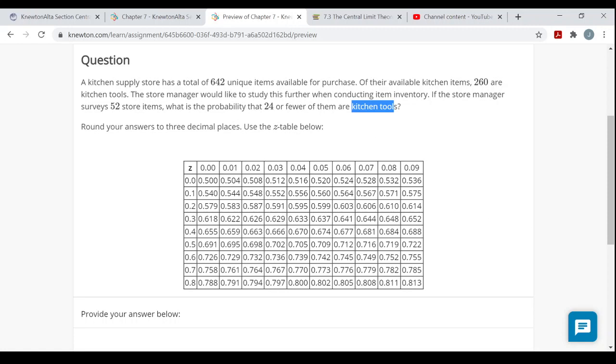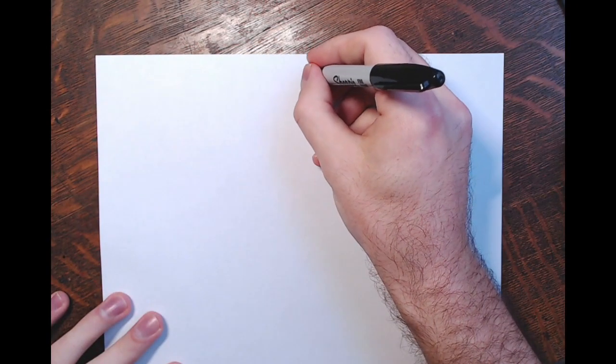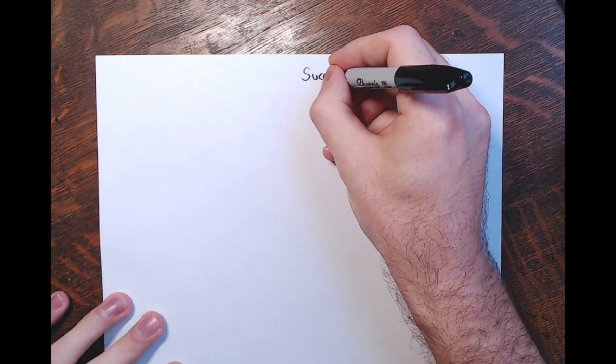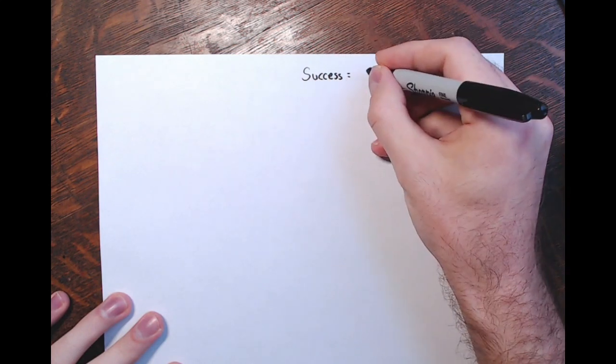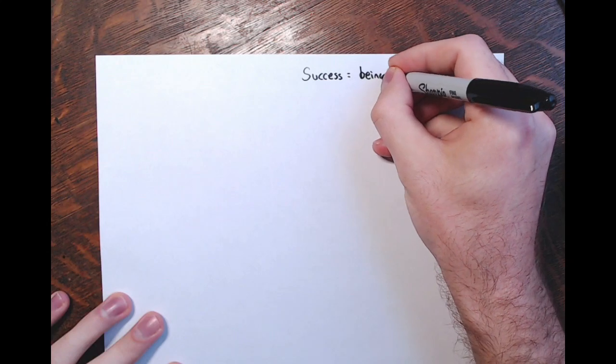So, on a piece of paper, I'm going to draw pictures and write this stuff out here for this particular problem. All right, so for this problem, a success is being a kitchen tool.